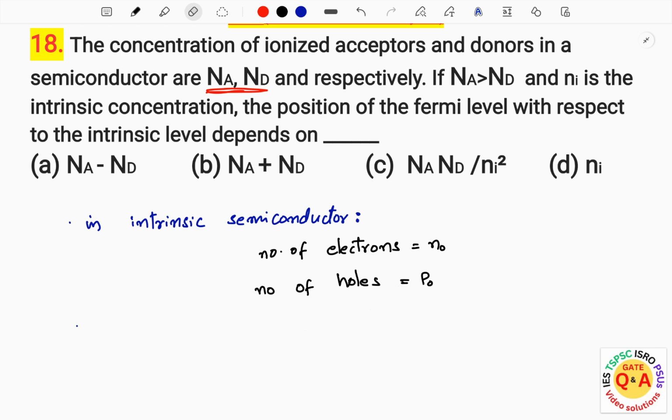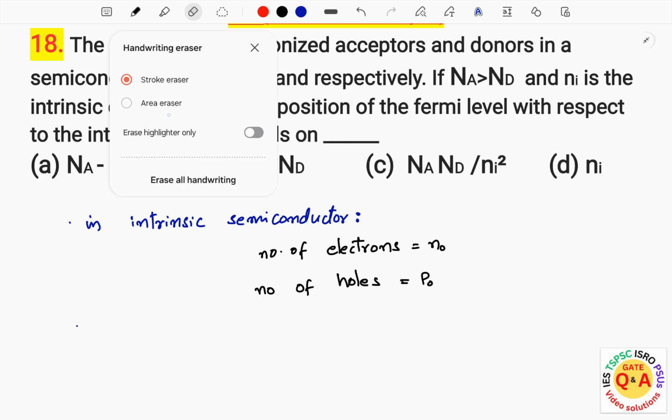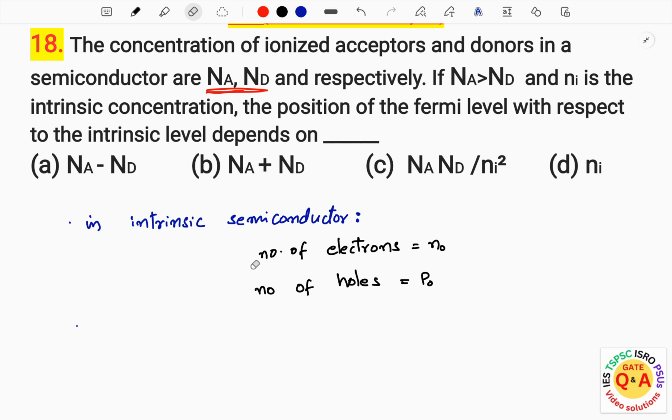Now we add Nd donors to the semiconductor.